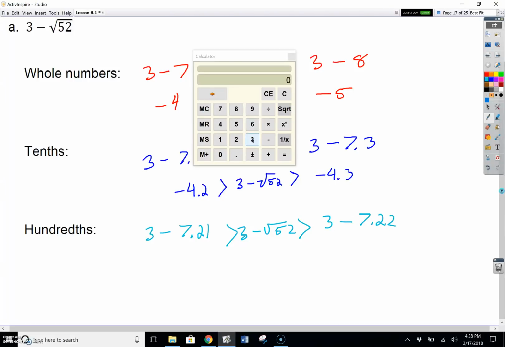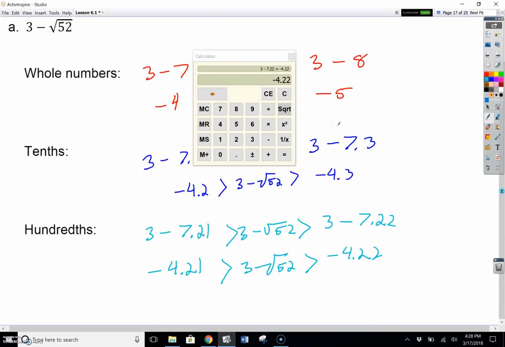So let's go ahead and plug it in. 3 minus 7.21 equals -4.21. And on the other side, 3 minus 7.22 is -4.22. Therefore, 3 minus radical 52 is greater than -4.22, but less than -4.21.